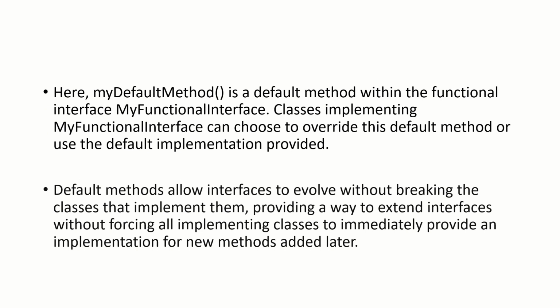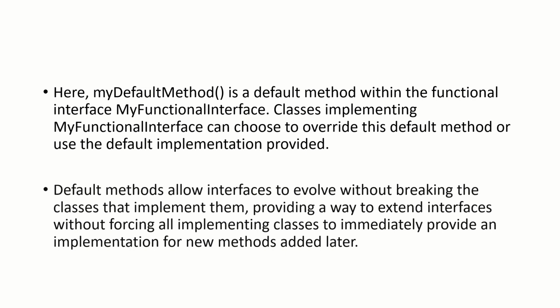Classes implementing my functional interface can choose to override this default method or use the default implementation provided. So let's say this functional interface is being implemented by more than three classes. Those classes have the liberty to either override this default method or choose from the parent.